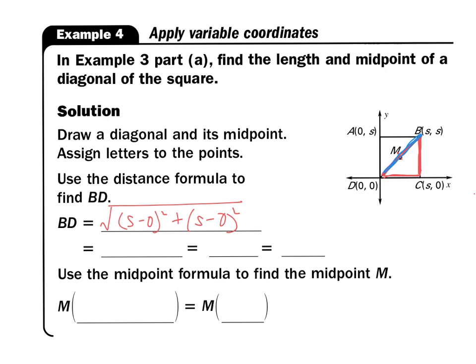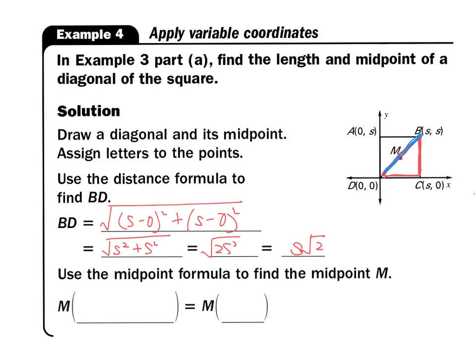So that's the formula there. Therefore, I can simplify that to s squared plus s squared, and I would have 2s squared. And if I take the square root, I would have s root 2 as the length of BD.